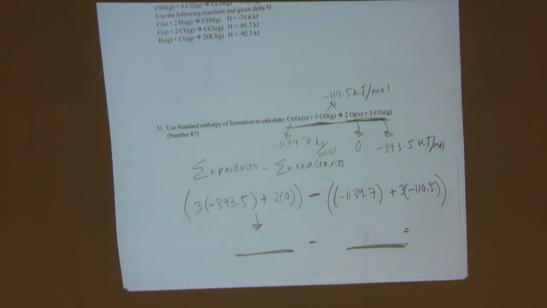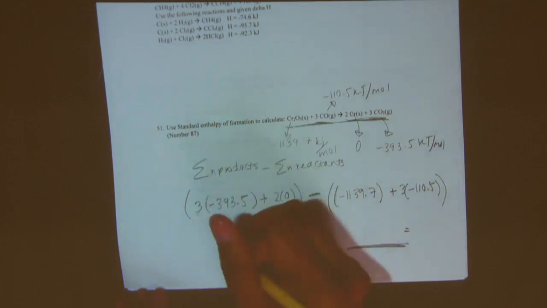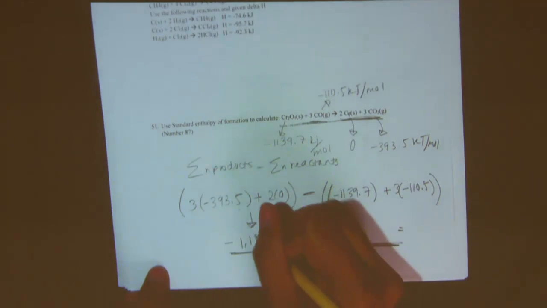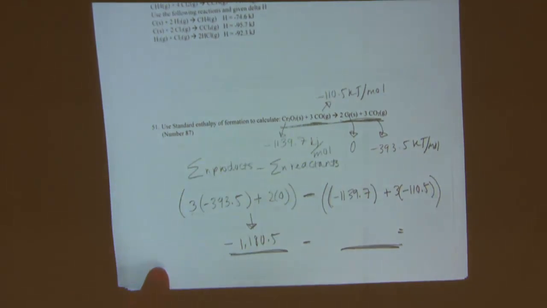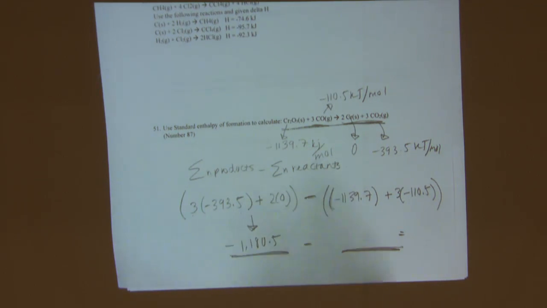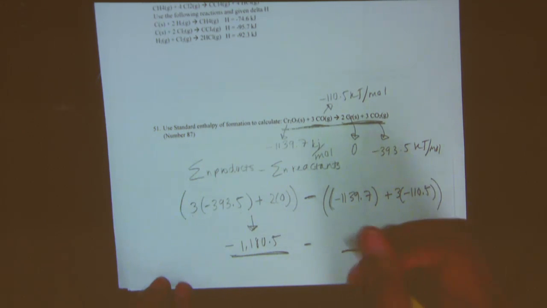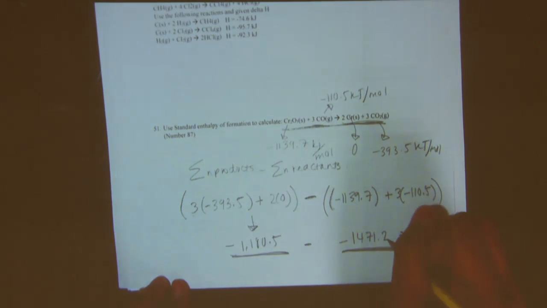Did anyone get a number for the left one right here? Okay, I got negative 1,180.5. Is that the same consensus with everyone? Okay, awesome. And on this side, I got negative 1,471.2. Same number as everyone?